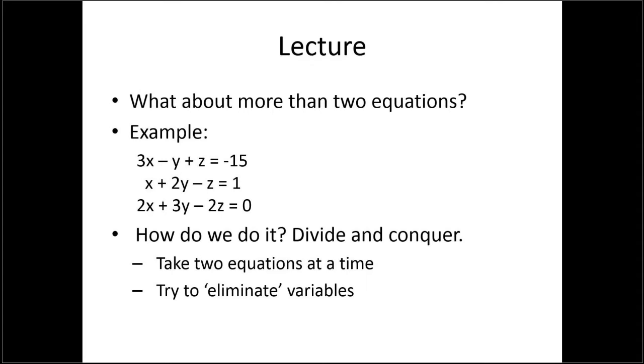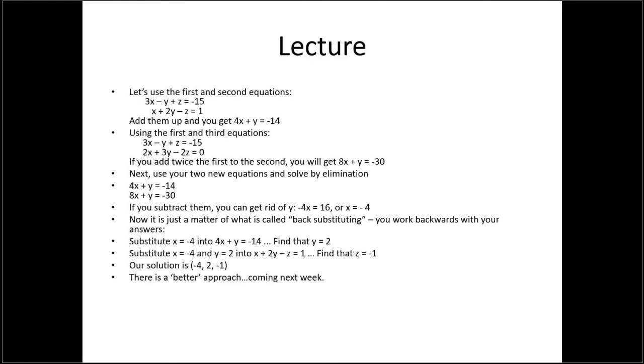And the approach we're taking here is a little more ad hoc. So you want to take 2 equations and see if you can, using those 2 equations, get rid of a variable, and then kind of backtrack and see if you can manipulate things into a way where things have solutions. Okay, so looking at the approach I took here, the first and second equations, you add them up, you get rid of the z.